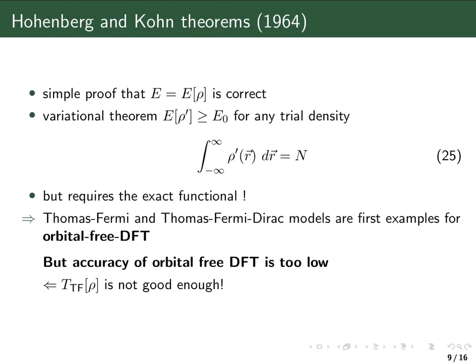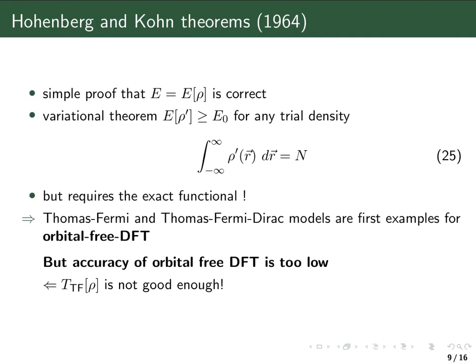The Thomas-Fermi model and the Thomas-Fermi-Dirac model described in the previous slides are first examples of what is called orbital free density functional theory. The only thing one really needs in order to calculate the energy is the density.